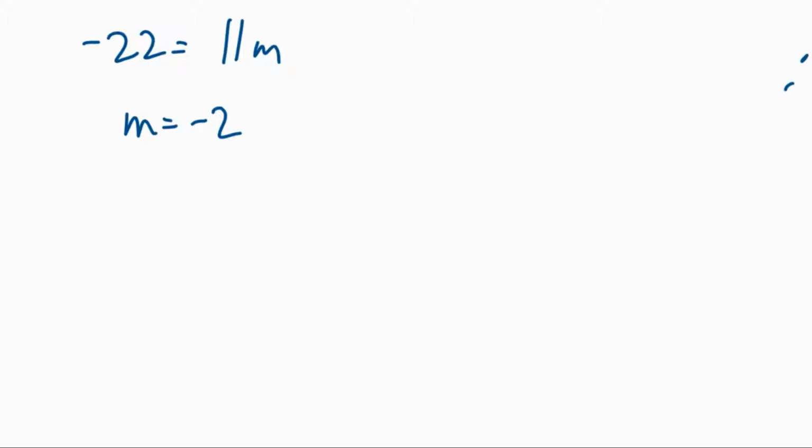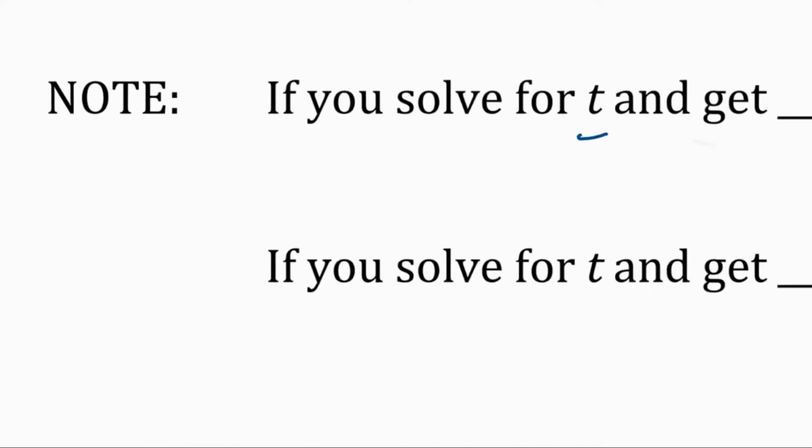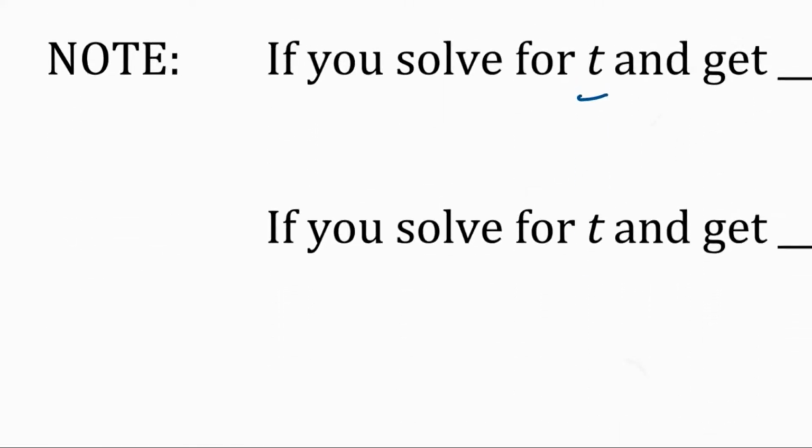So I just got something that makes sense. Or what if I got like 5t equals 10? Well, then t equals 2, right? I'm just not done yet, but we're always going to end up with, let's say, 1t equals some value, okay, something like that. So that's what we got in our solution.